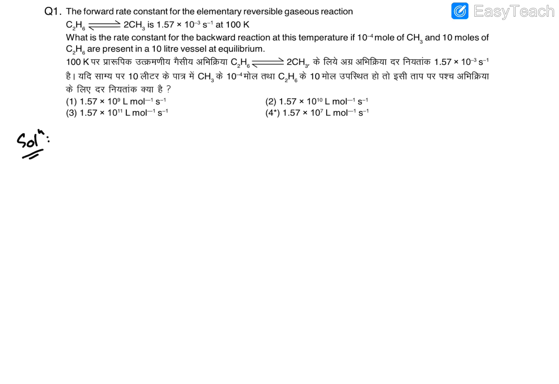So what do we know? We know that K equilibrium is rate constant for forward reaction upon rate constant for backward reaction.